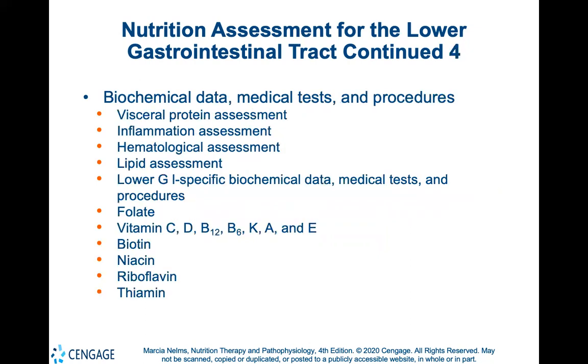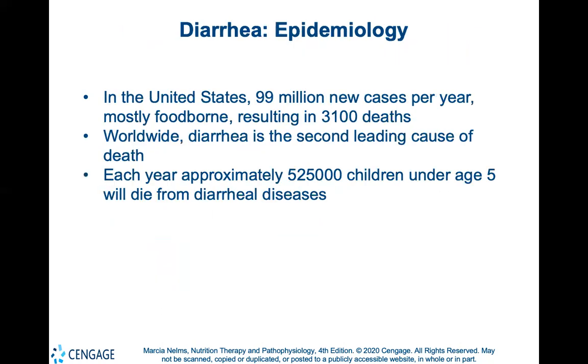The biochemical data or medical tests and procedures, you can look at the visceral protein assessment, inflammation assessment, hematological assessment, lipid assessment, lower GI specific biochemical data, medical tests and procedures, folate, looking at different vitamins, vitamin C, D, B12, B6, K, A, and E, biotin, niacin, riboflavin, thiamine.